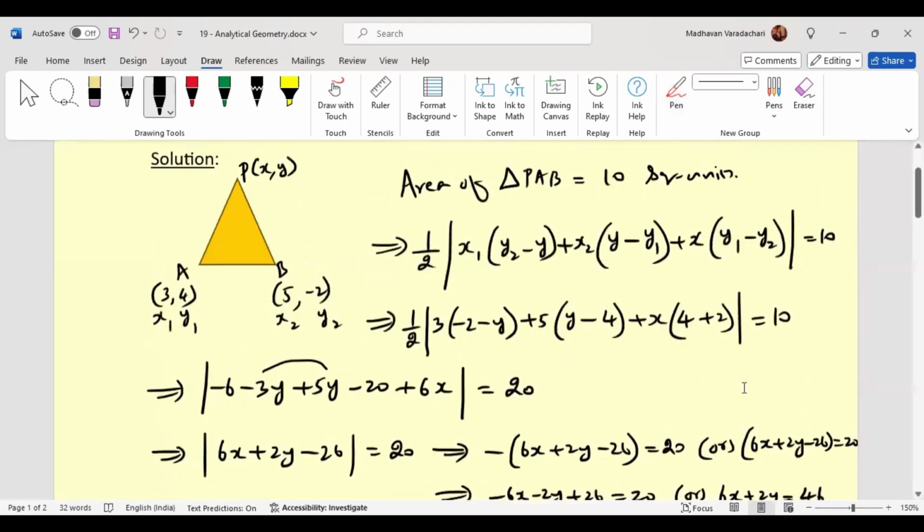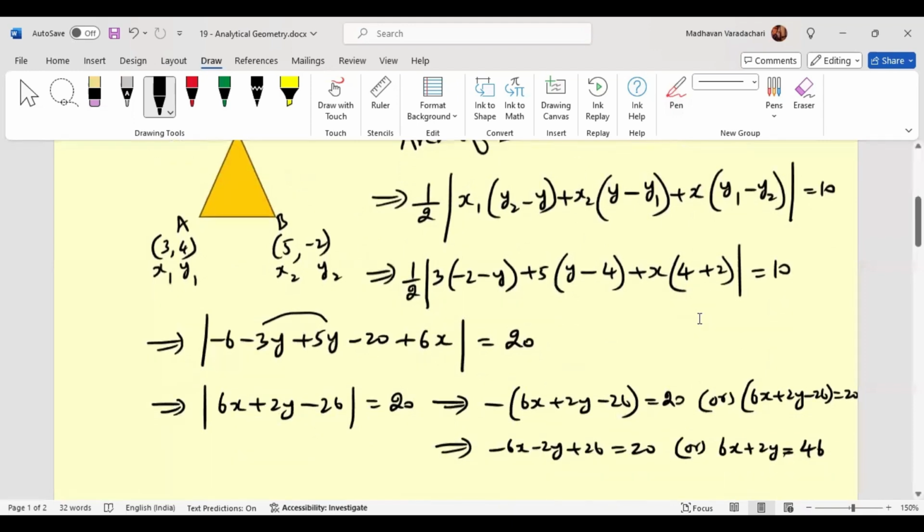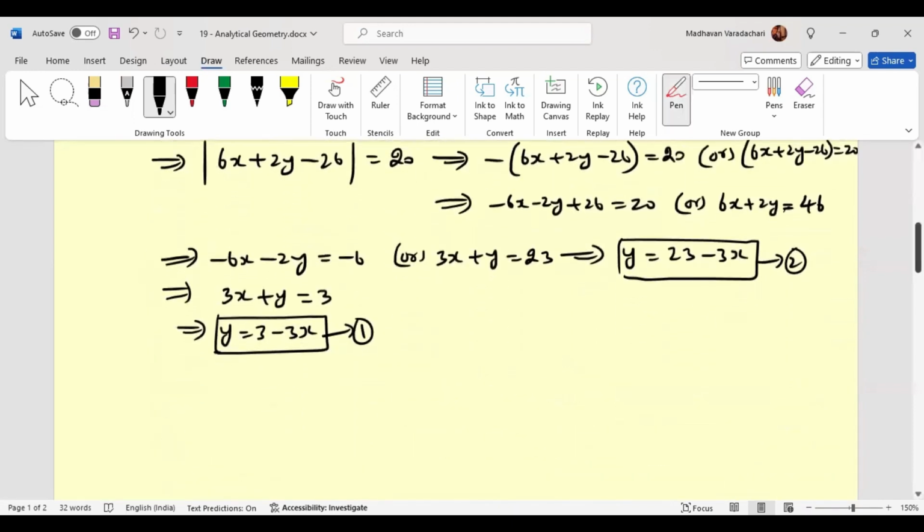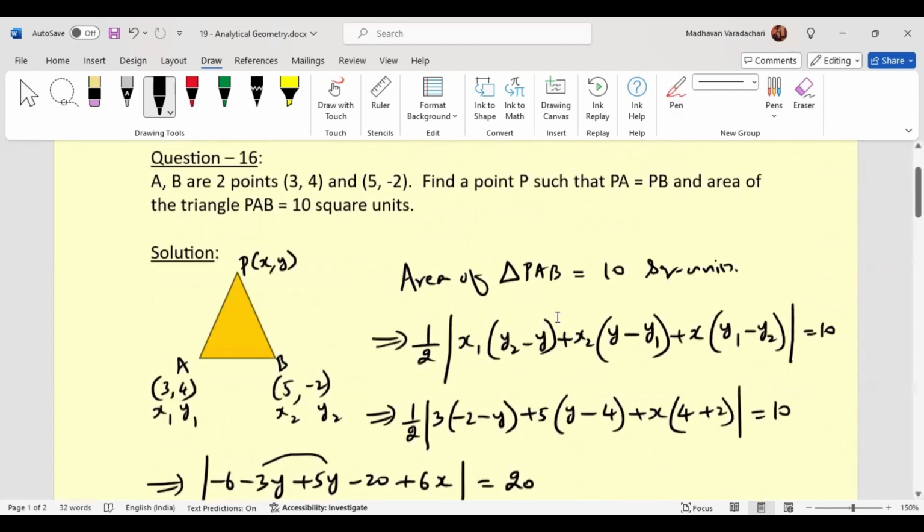Further, the question says that PA is equal to PB. Given PA equal to PB, which means that PA the square should be equal to PB the square. That means, what is PA?